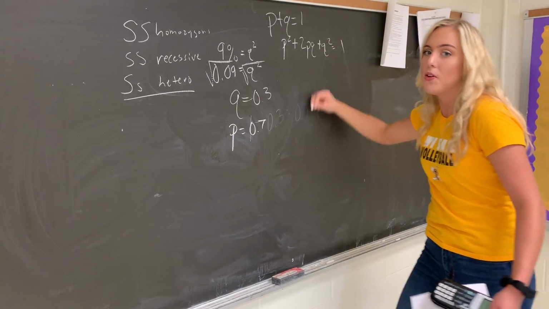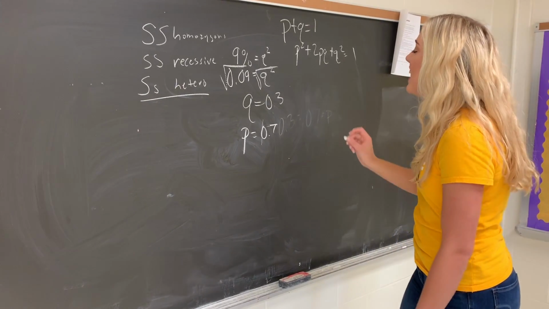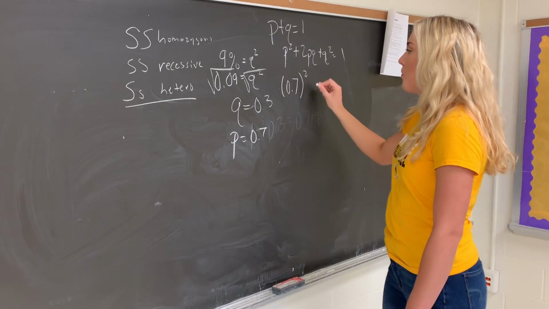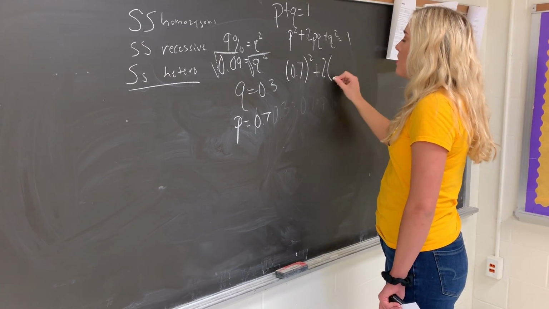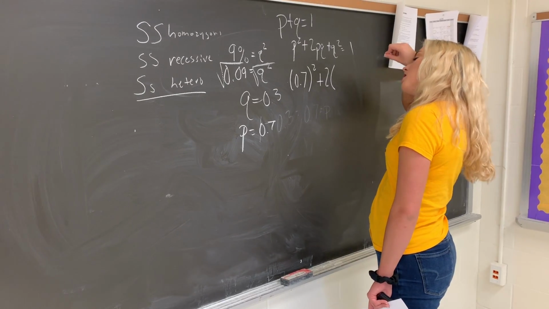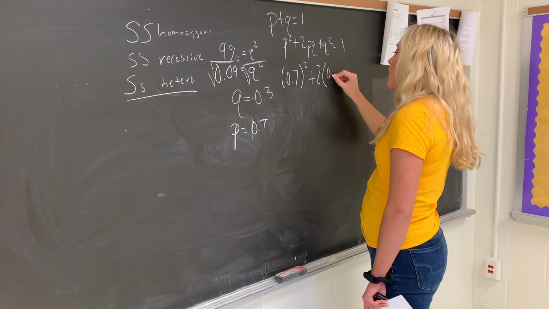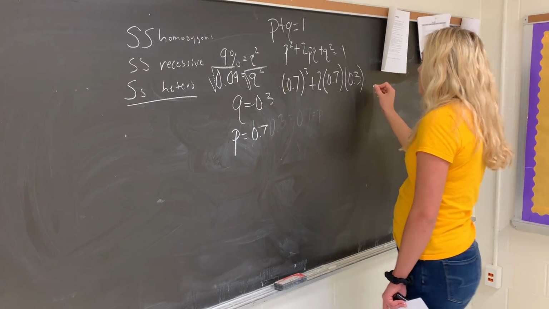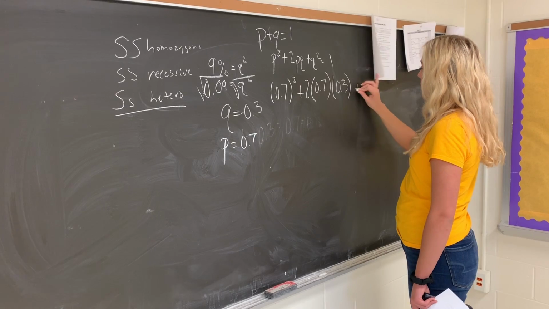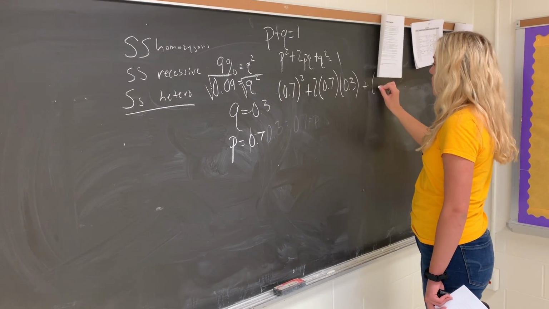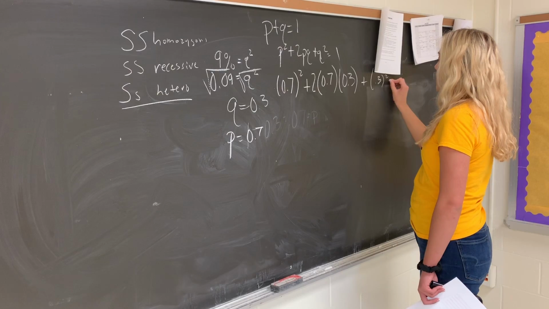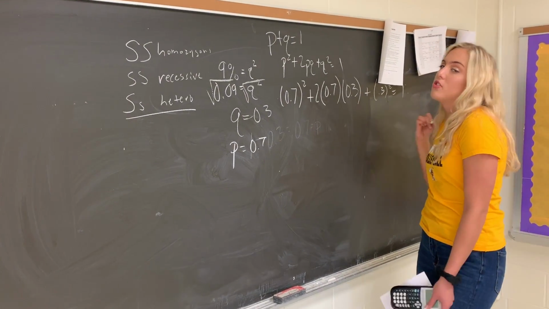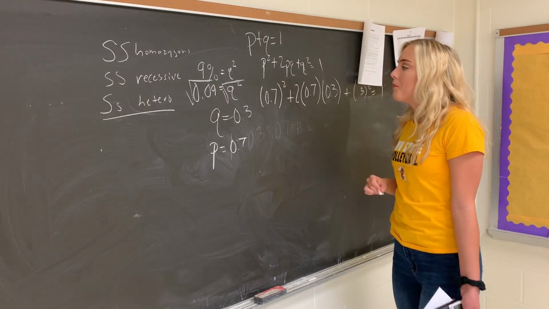So you have 0.7 squared plus 2 multiplied by 0.7 times 0.3 plus 0.3 squared equals 1. Basically we're just trying to find the heterozygous one, but you can still solve the rest of it just to make sure that you do equal 1 when you do your work.